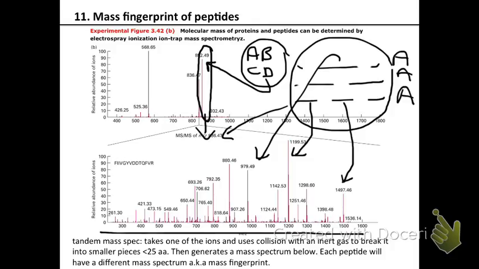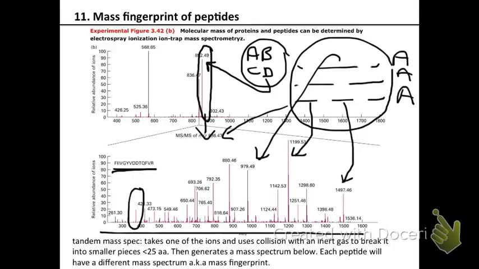What that means is if you know the sequence of your protein, you will know how many different types of peptides that protein can generate. And for small peptides, you can actually know exactly what m/z ratio that peptide is going to give. And then you can match this mass spectrum to a certain peptide sequence. So in this case, this mass spectrum is matching to this sequence, right?